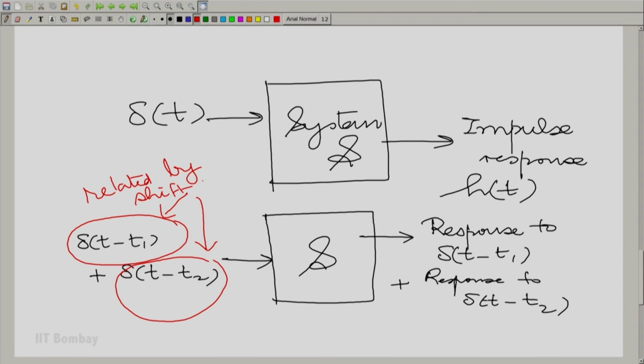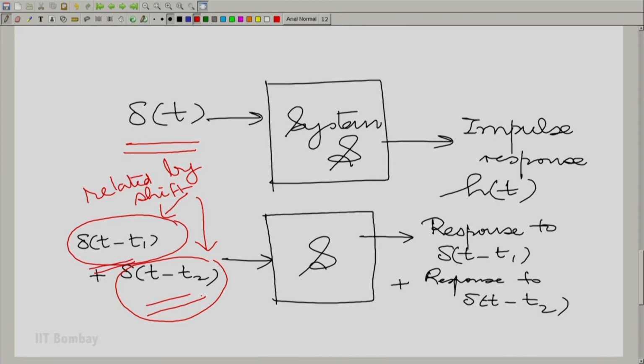In fact, what we hope is that if the system is shift invariant, once I know the response to this delta t, I should automatically know the response to this. It should just be shifted by t1, and I should automatically know the response to this as well. It should again be shifted by t2.